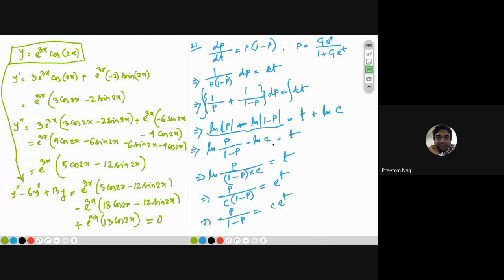So we have here c1, so let's write c1. Okay, what else? Now if we write 1 minus p by p, therefore we'll have 1 by c e to the power t, c1.